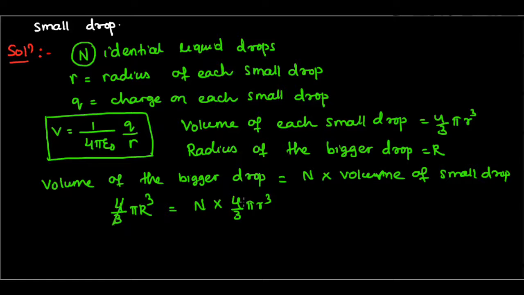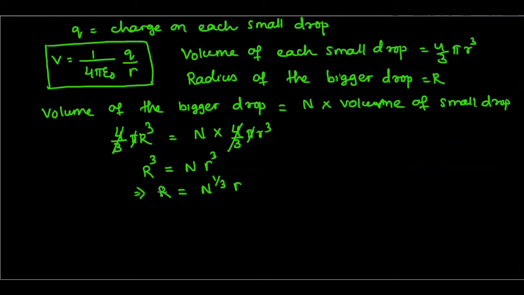So 4 by 3 cancels, pi cancels, so you will get capital R to the power 3 is equal to n into small r to the power 3. That implies capital R is equal to n to the power 1 by 3 into small r. So this is the relation between the radius of the bigger drop and the radius of the smaller drop.